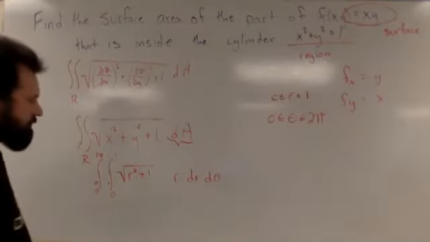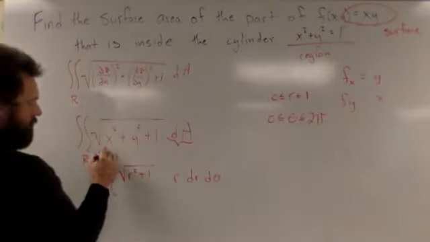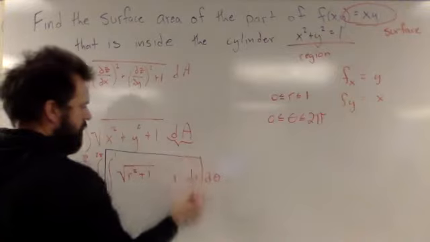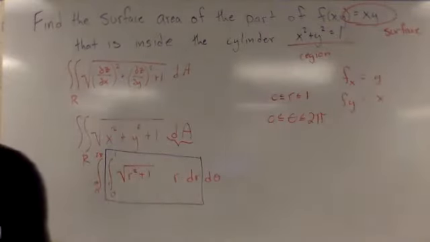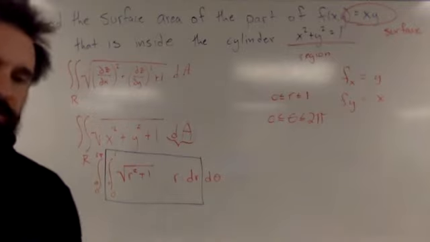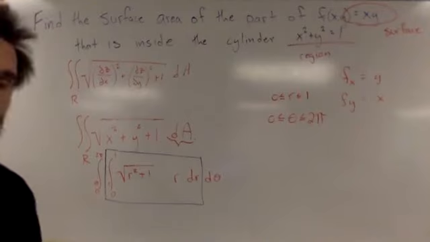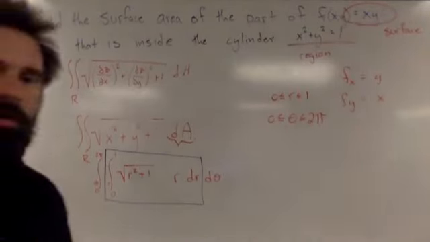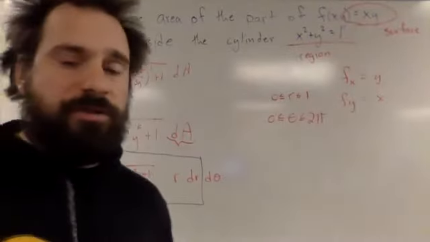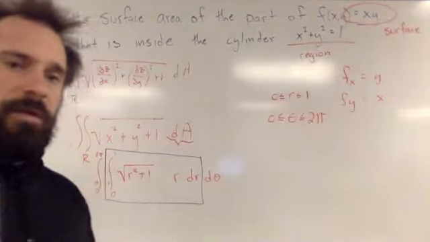To solve this, I'm going to first do the inside integral. I'm going to have to do a u substitution because I have an r squared on the inside of the integral and an r on the outside. If you want to go ahead and finish this up, I'm going to clear the board and move my formula around a bit. I'll be right back.